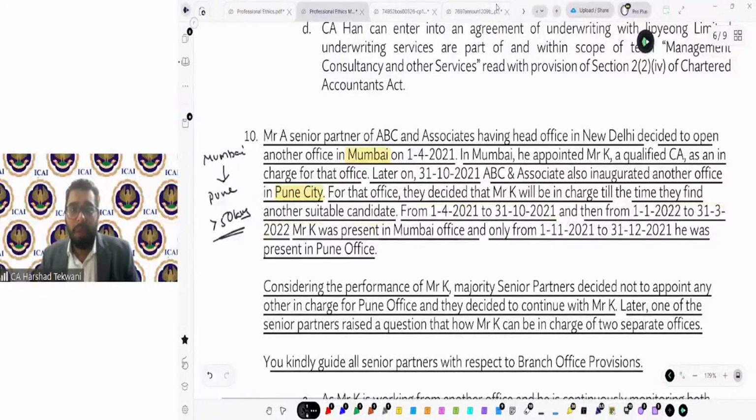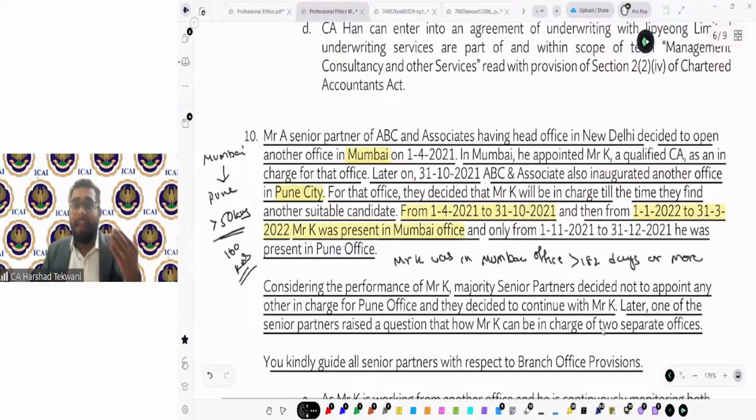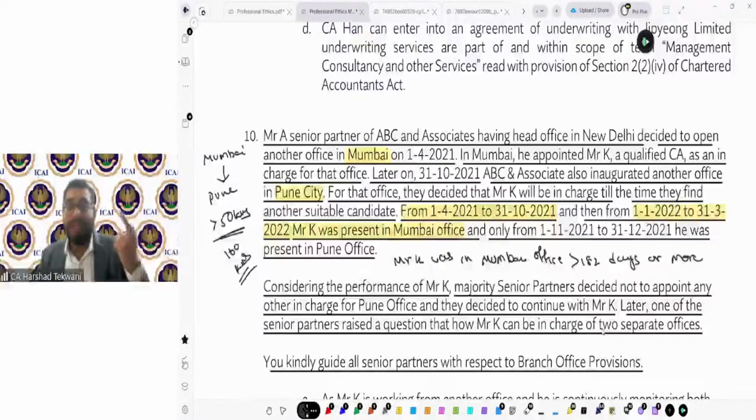And if he was there in the Mumbai office for 182 days or more, then he was not there in the Pune office for 182 days or more. You have a year, so if you are at one place for 182 days or more, then at the other place you will for sure have less than 182 days.